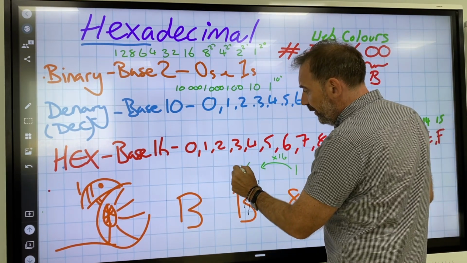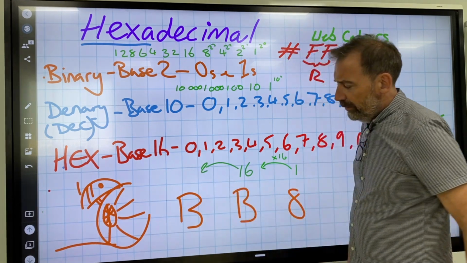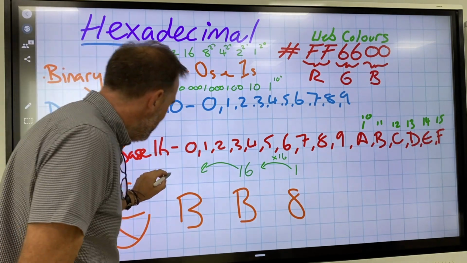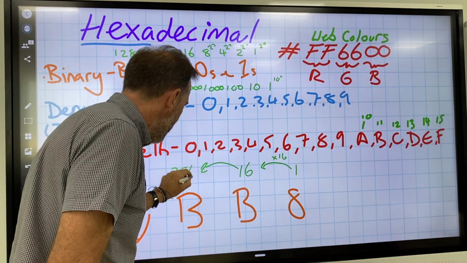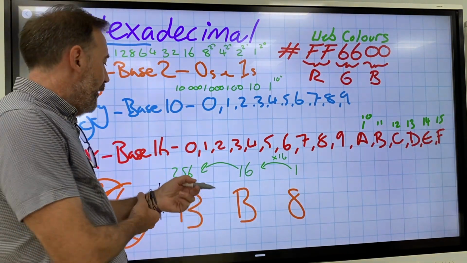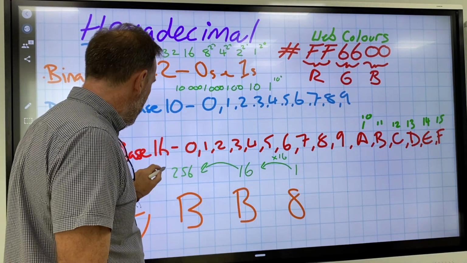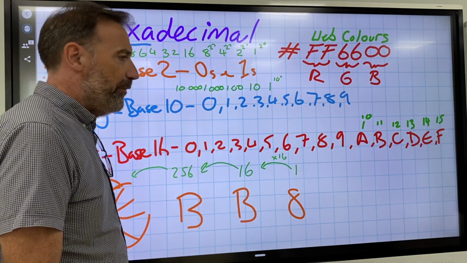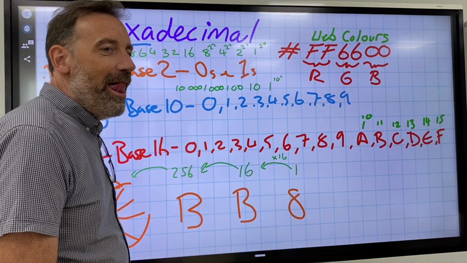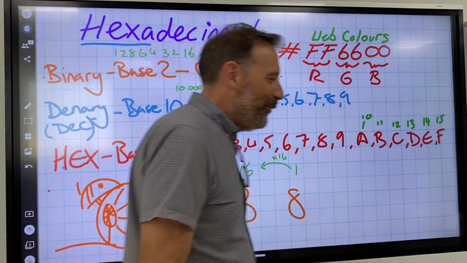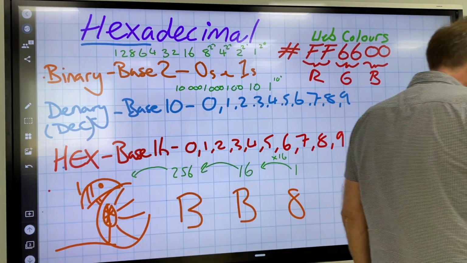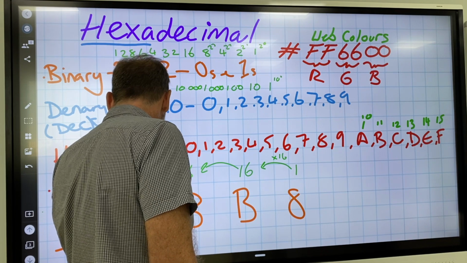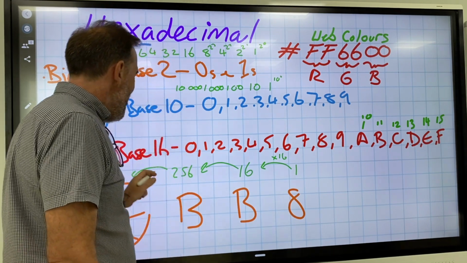So 16 times 16 is 256. And then 16 times 256, 4,096.